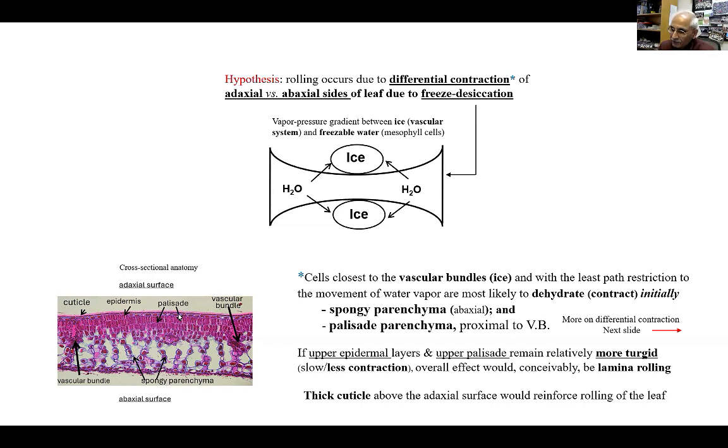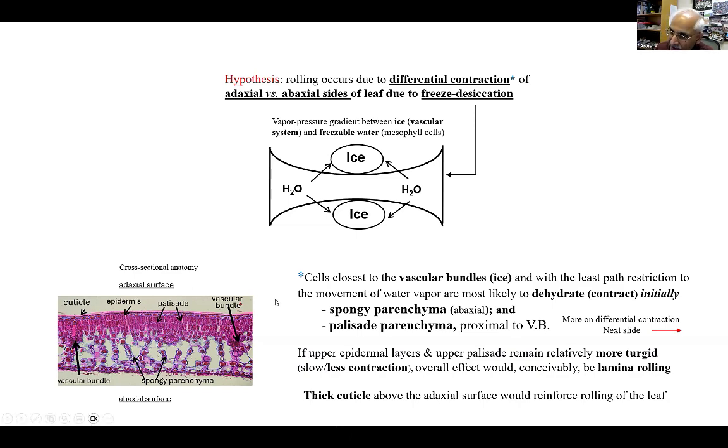And that will, with the help of this thick cuticle, which we know that rhododendron leaves have very, very thick cuticle, and in fact, in the winter time, this cuticle deposition becomes even more intense. And we have done a lot of work, and I don't have time to show you the pictures, but we have the data to show that. So this thick cuticle will actually reinforce that differential contraction by these two sides to cause this leaf rolling.